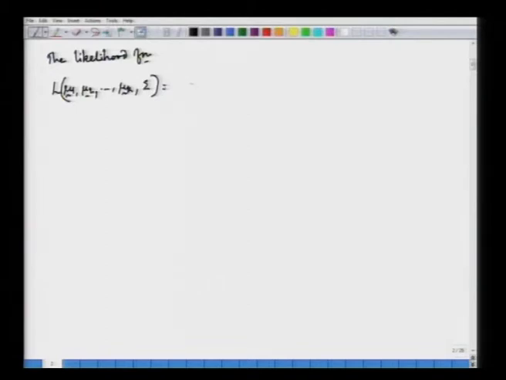For the usual case what we would write is twice pi, and instead of n by 2 we would write ni by 2, because the ith population has size ni, and then we would write the determinant of the variance covariance matrix, which is sigma, raised to the power minus ni by 2, and then we have the exponent term. So, I have minus half, and then I have two subscripts for the observations now.